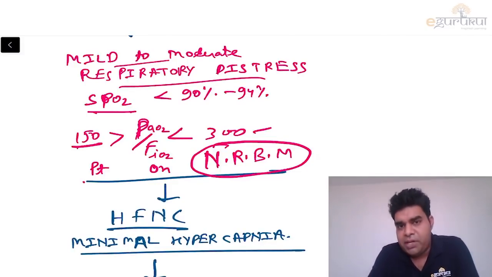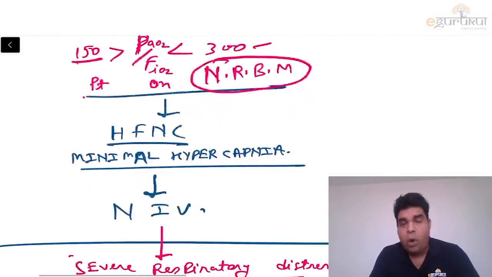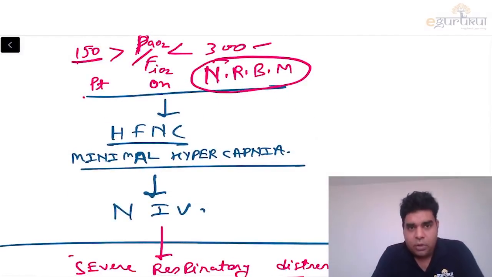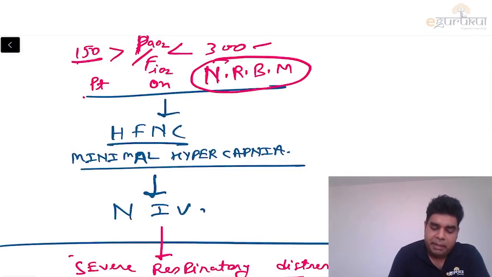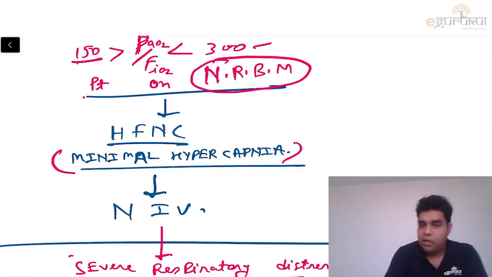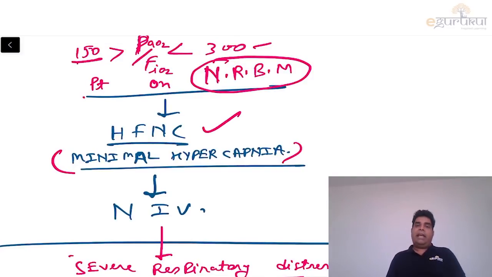So if the patient is not improving on non-rebreathing mask, then we go to high flow nasal cannula. Okay. We use high flow nasal cannula only when there is minimal hypercapnia, when there is less carbon dioxide retained, and when the lung can do the function. So when the carbon dioxide retention is minimal, then we use high flow nasal cannula.